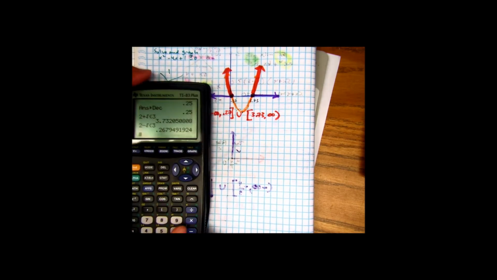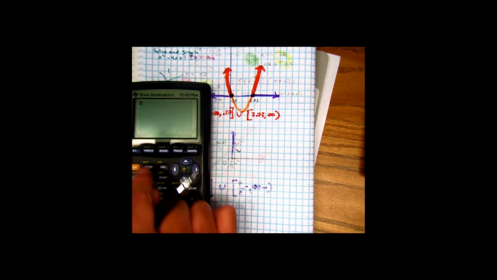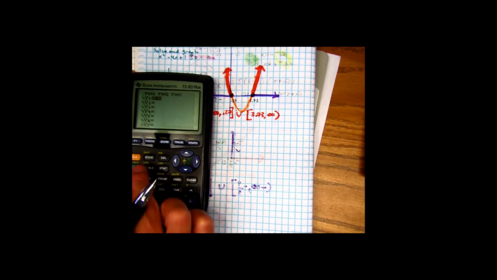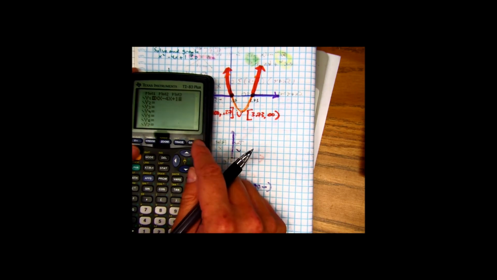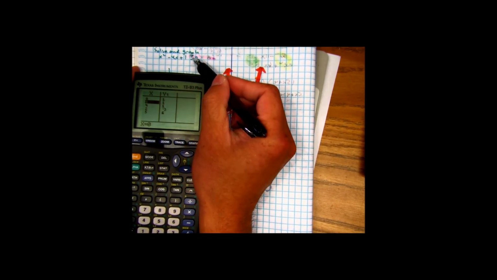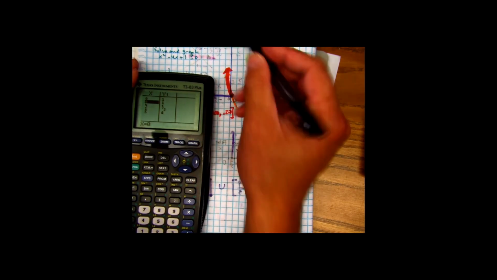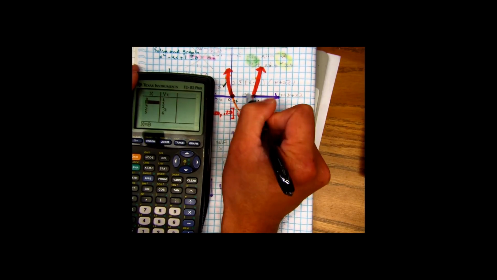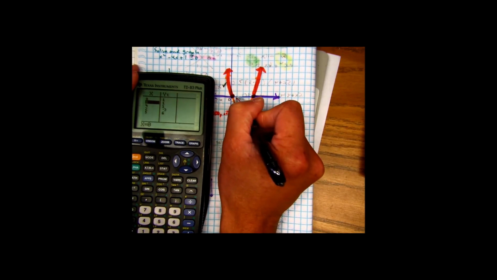Remember, we learned to use our calculators. So if I put this function, x squared minus 4x plus 1, into my calculator, go to my table, and I can test some numbers like 0. 0 gives 1. Is 1 bigger than or equal to 0? Yeah, that's true. Pick a number in here, maybe 1.